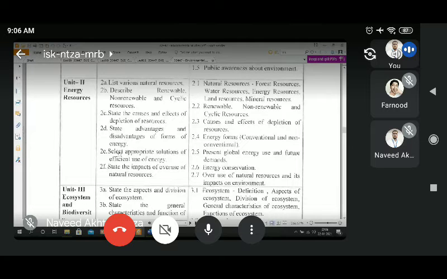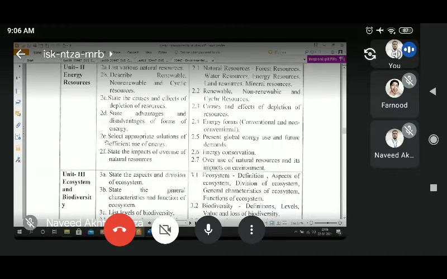In that we have seen the various types of renewable, non-renewable, conventional, non-conventional, renewable energy sources, and also their effects and measures to be taken, and why they are depleting. All this we have discussed in unit number 2.